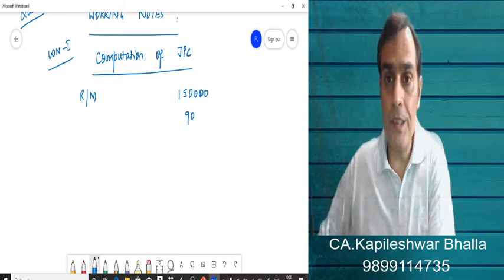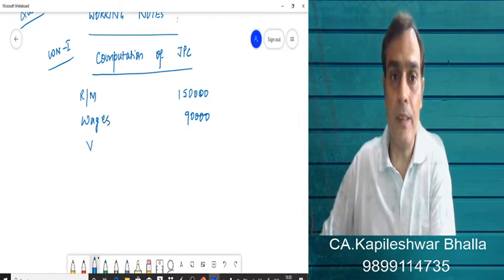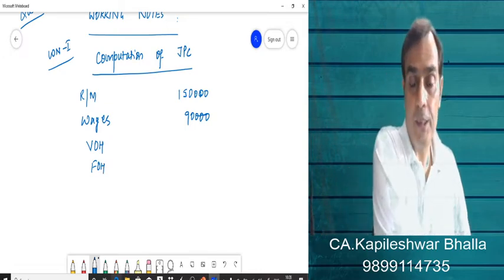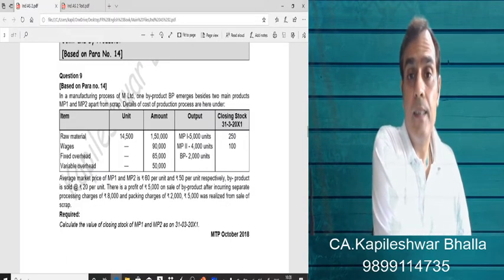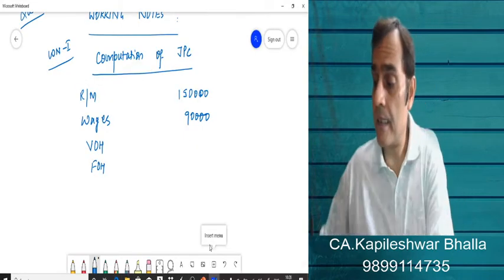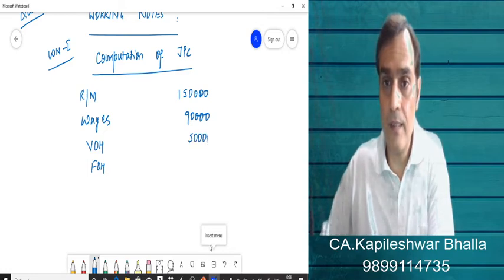We've got wages to the extent of 90,000. Then I think we can take the variable production overheads and the fixed production overheads as well. Variable is 50,000 and fixed is 65,000.